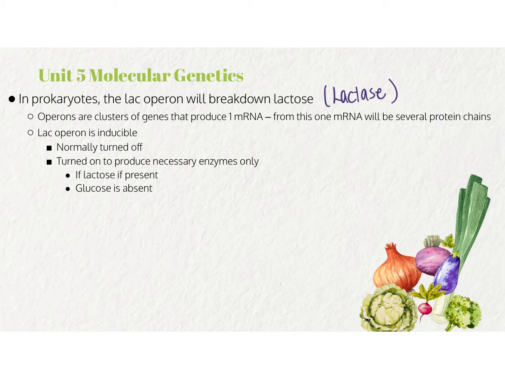Now, the Lac Operon is an example of an inducible operon, meaning that the operon is normally turned off, so the production of the mRNA is not activated normally. But under the right conditions, the Lac Operon, to produce the proteins needed to make the enzyme lactase, can be turned on if lactose is present and glucose is absent.